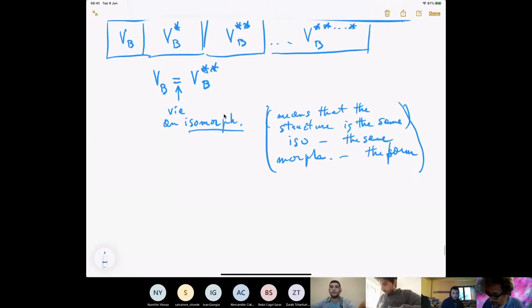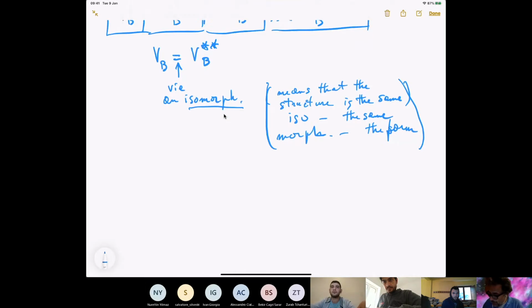Okay. And in order to understand what we are doing, and in order to make our reasonings well grounded, I think it is very important to understand how this isomorphism is built. Okay. So we should consider L star in V star star B. And what is this L star doing?